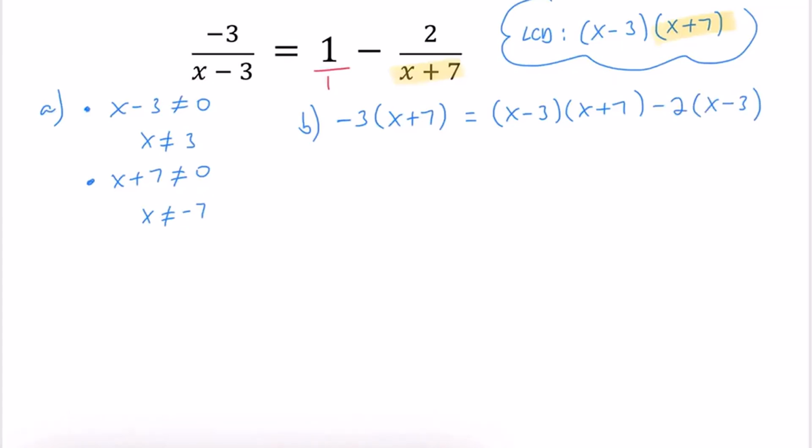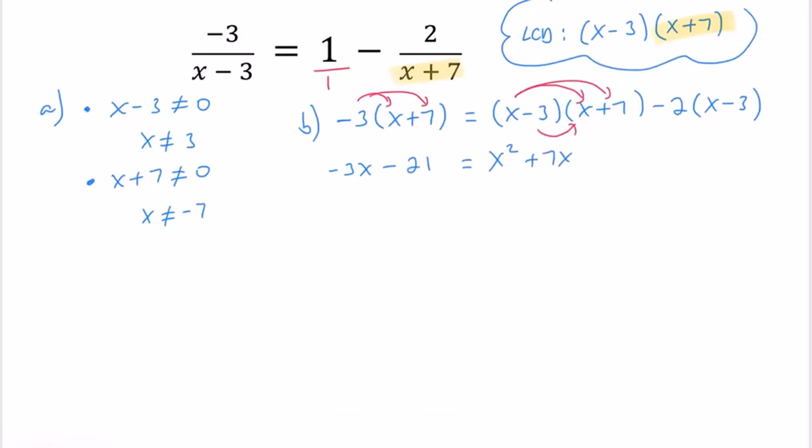Simplify. Multiply the negative 3 in. So we have negative 3 times x, so negative 3x. Negative 3 times 7, so negative 21, is equal to. For x times x, that is x squared. X times 7, 7x.